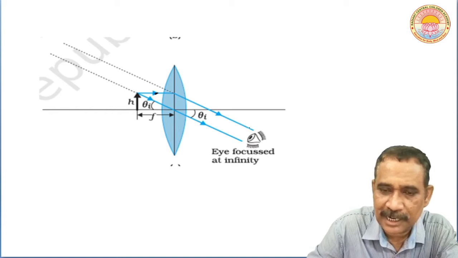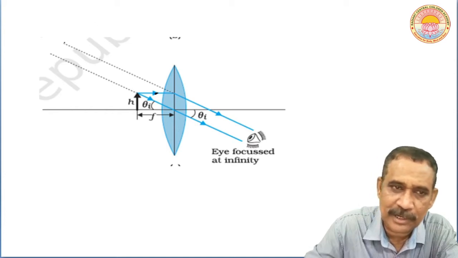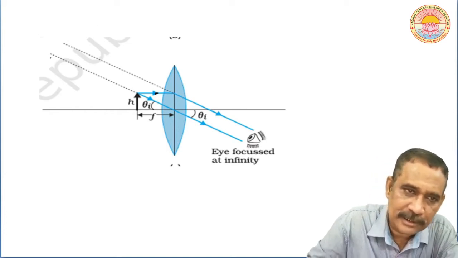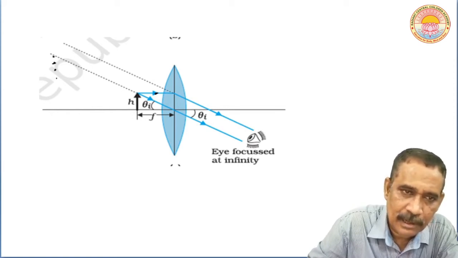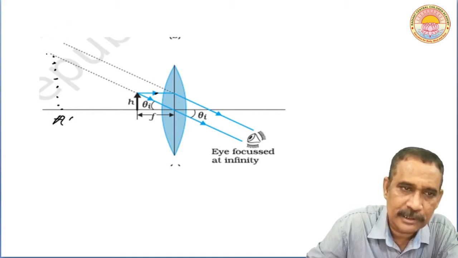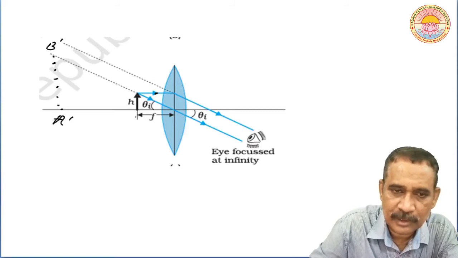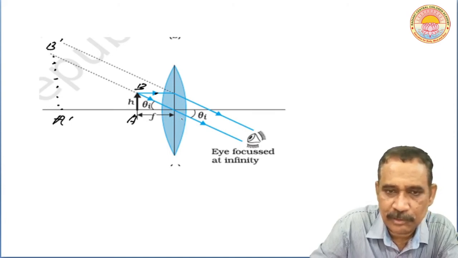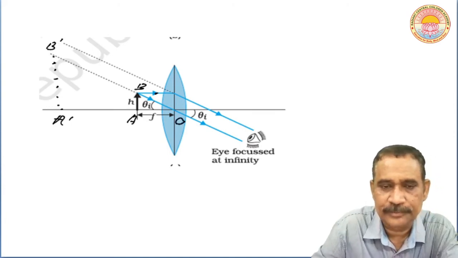These two rays do not meet at a point, so they are extended in the backward direction. This is the image A dash B dash, this is A, this is B, and this is O, the optical center.